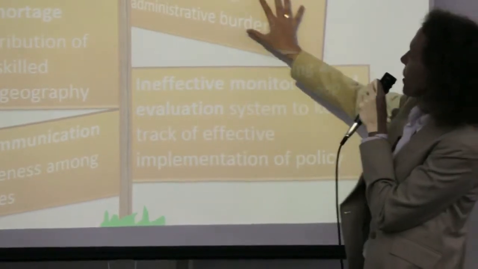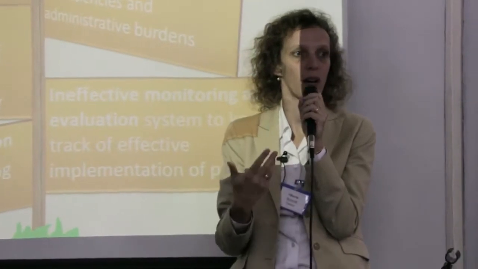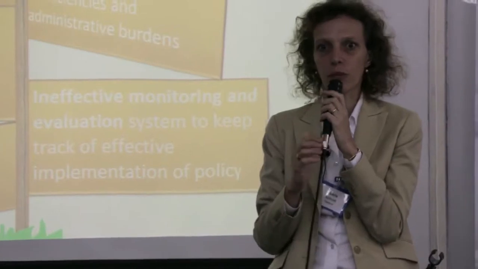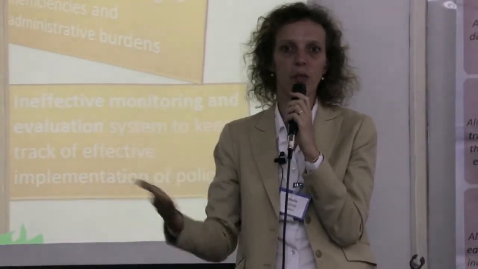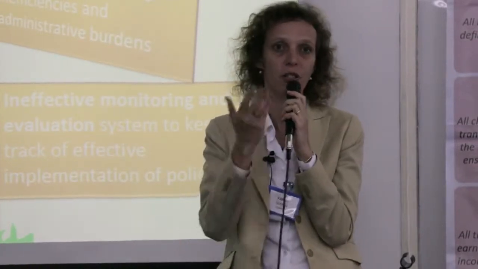Then also fragmentation of schemes leading to some inefficiencies. This is the case in many countries where you have a lot of anti-poverty programs and social assistance schemes from each ministry, like in Indonesia, for example.